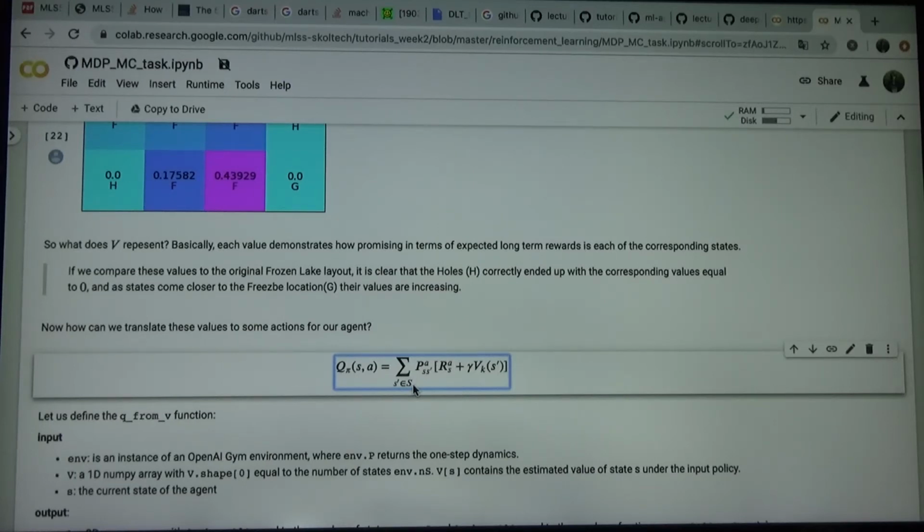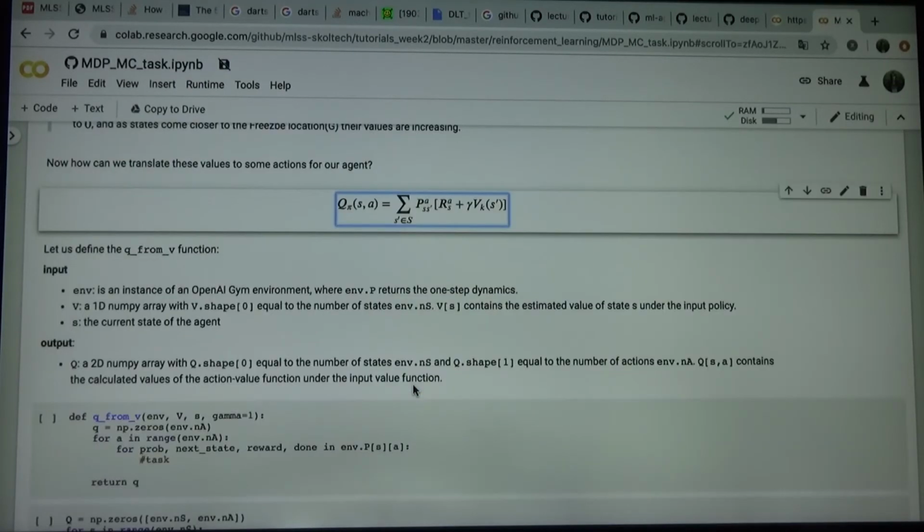So as you can think, the higher the Q function is for some action in a particular state, the more probably we should take it. More probably it will lead us to some good results.